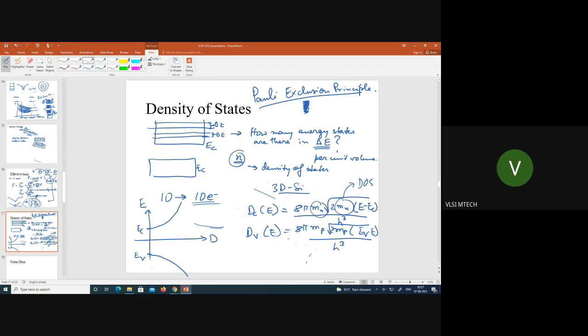So if I have a state available at very high energy, it is not a very favorable state, because the electron is most likely not going to go there. The probability of it getting that much energy to go to that higher state is probably not much, so it is not going to be filled. So it is important not only to have states, but to have them at a low enough energy so that the electrons can actually fill them in our normal temperature range where the devices are going to be operated.